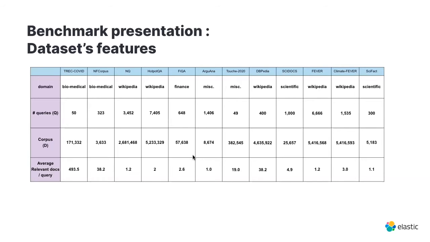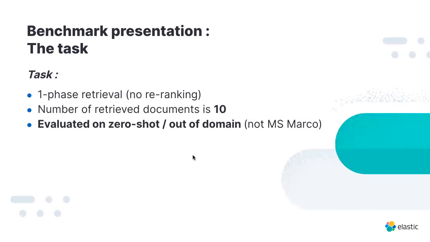You've got data sets based on finance, biomedical, Wikipedia, scientific data, miscellaneous, with millions of documents and thousands of queries on some of them. A lot of work has gone into constructing this set of benchmarks. Our goal is to say that if we can get as many benchmarks working as we can, then we have a lot more confidence in supplying you with a feature that's likely to give you better results than we've got currently.